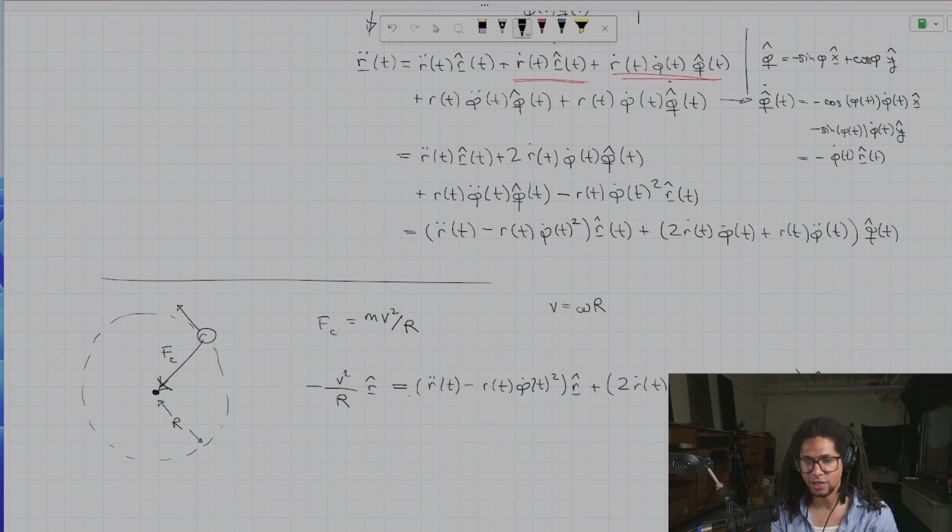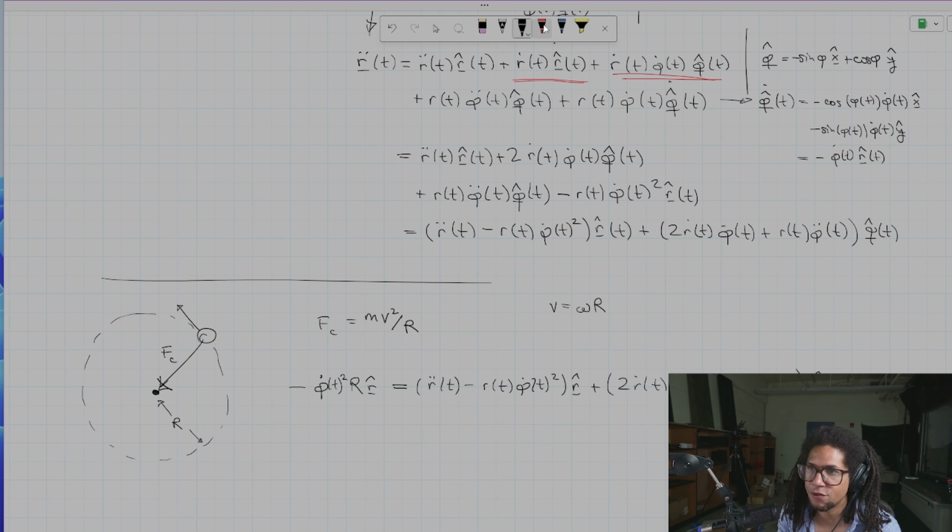Omega, it turns out, is equal to the angle covered per second. But that's exactly what phi dot is. So that's the number of radians covered in a single unit of time. So actually, this whole left-hand side could be phi dot of t squared times capital R.